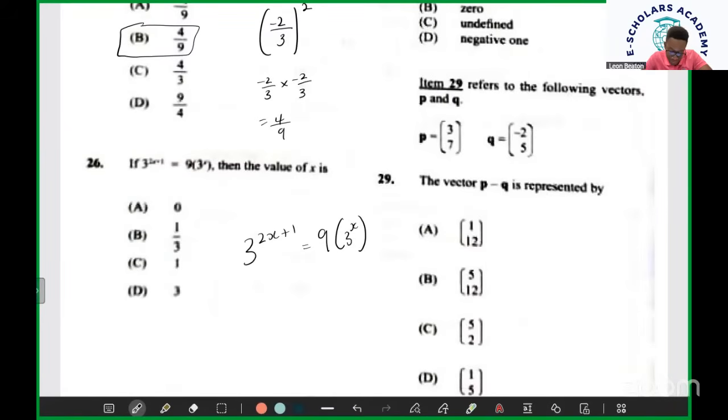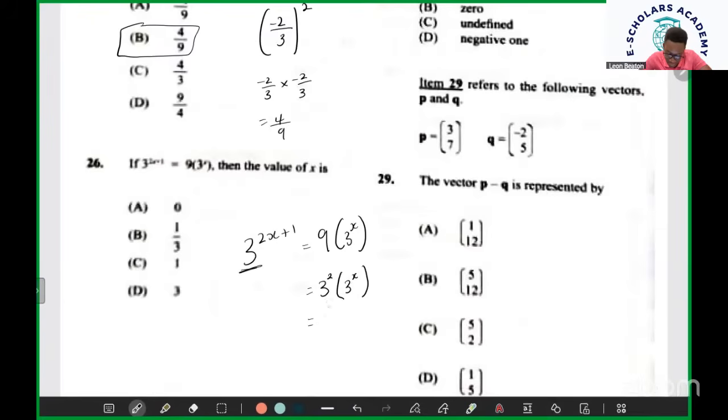All right, so let's work with it. The one we want to know is the value of x. In order to equate these two, the base has got to be the same. So we see this has 3, and we have a 3 here, and we can turn this 9 into 3 as well. So instead of 9, we can have 3 raised to the second power multiplied by 3 raised to the x power.